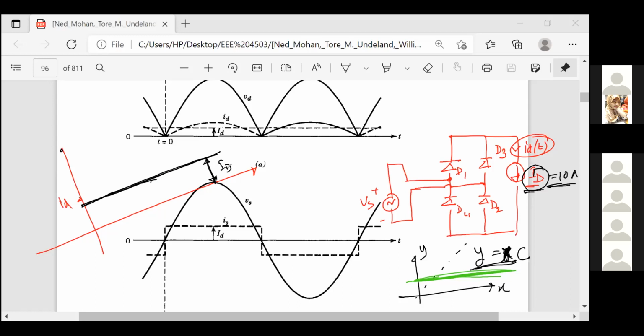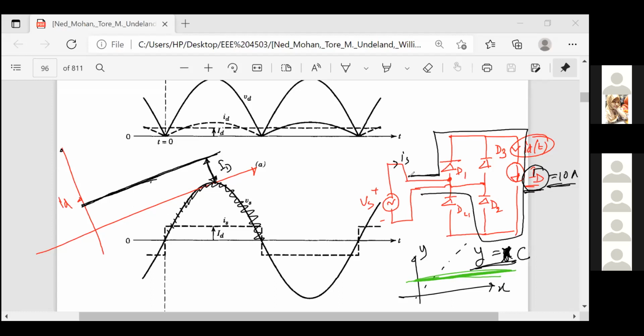Now for the positive half cycle, the current should go like this, and this should come back like this. Then what should be your IS?